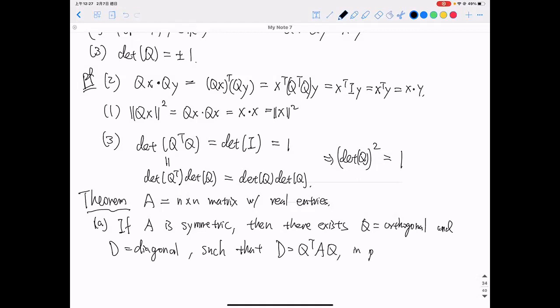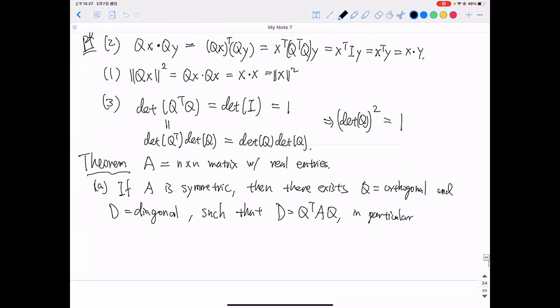In particular, A is diagonalizable. Okay.